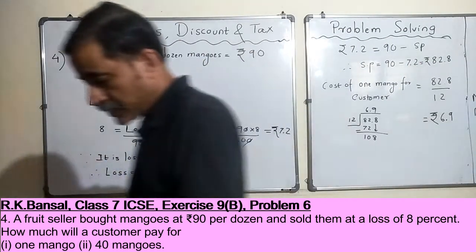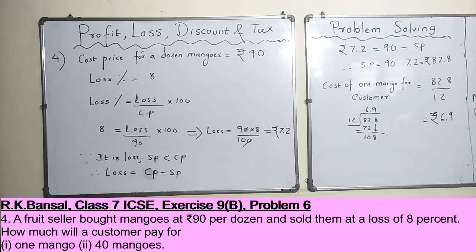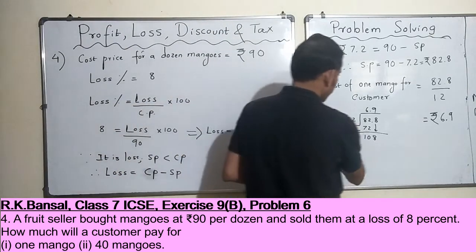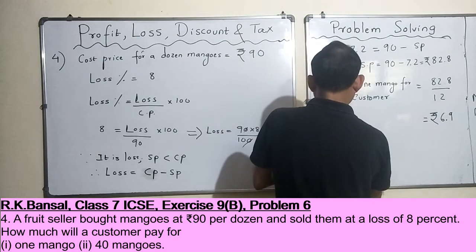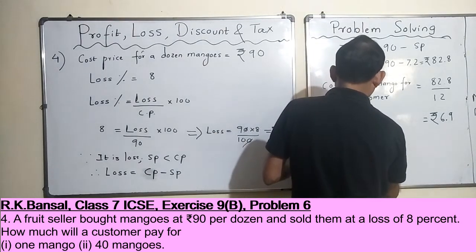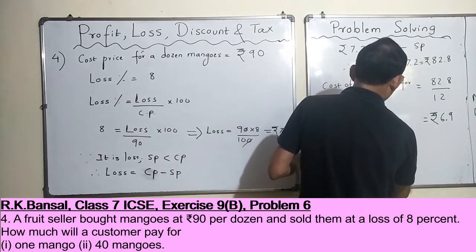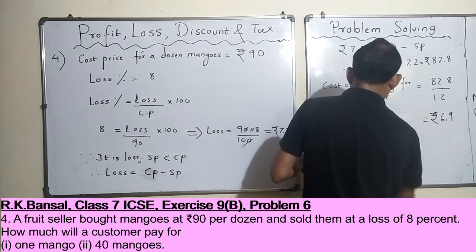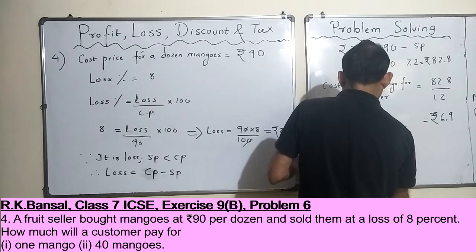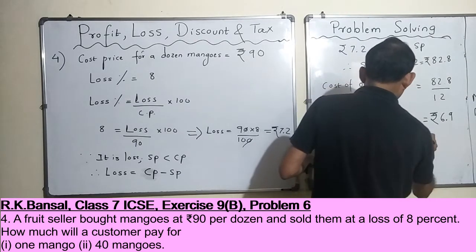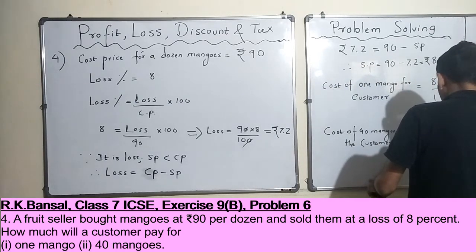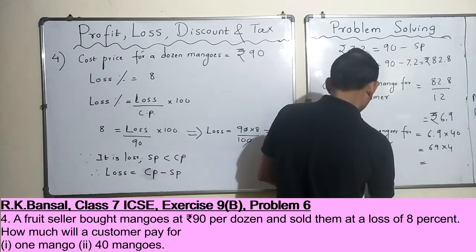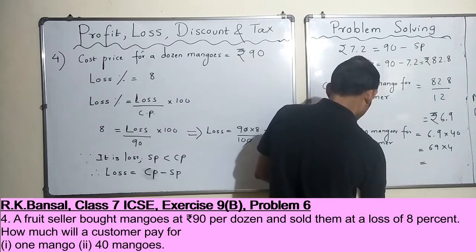All right, what is the second question? What is the cost of 40 mangoes? I believe this is a straight away multiplication. Can you do it? Just stop the video and do it for yourself. Cost of 40 mangoes for the customer is equal to 6.9 into 40, which is 69 into 4. What is 69 into 4?